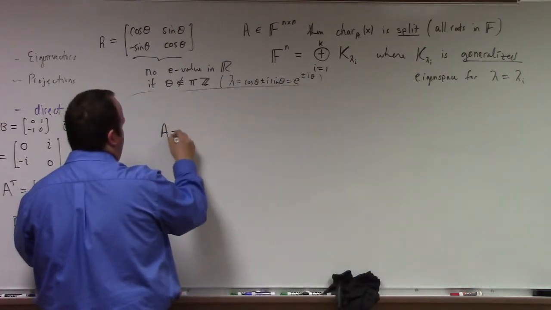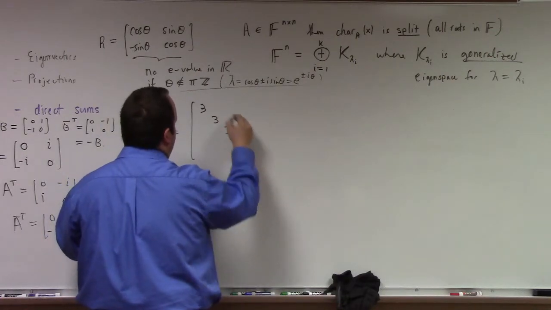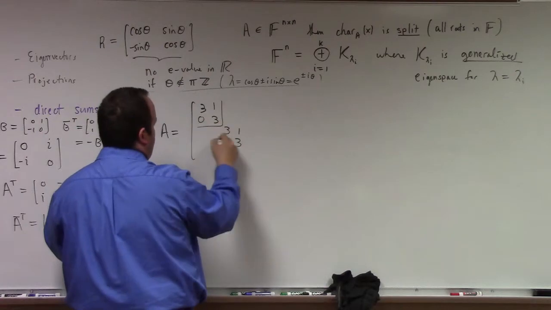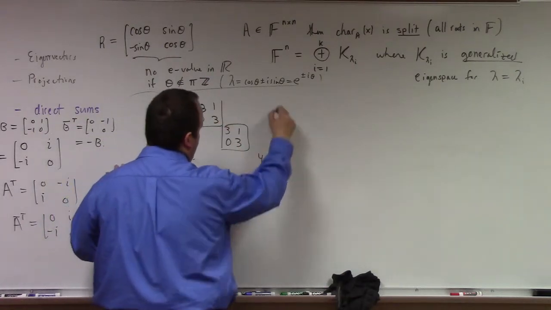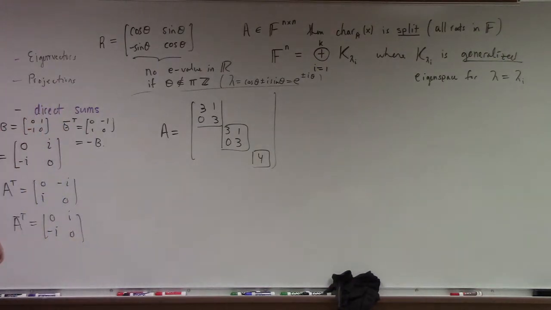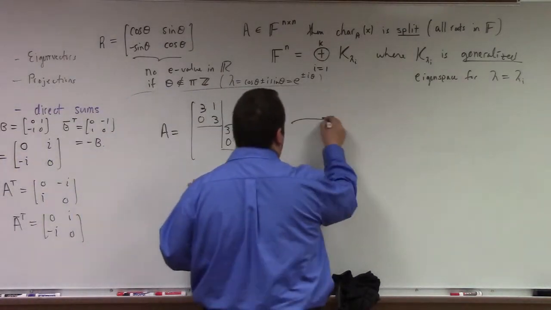Suppose we're talking about A equals to the blocks 3, 3, 3, 3, 0, 0, and 4. There you go, a 5 by 5 real matrix. My claim is that R^5 can be decomposed into a direct sum of generalized eigenspaces with respect to this matrix. All right? So what are the eigenvalues?